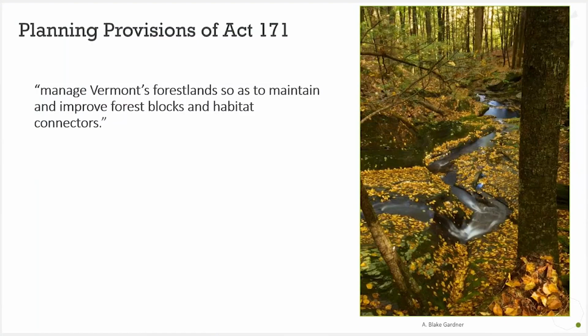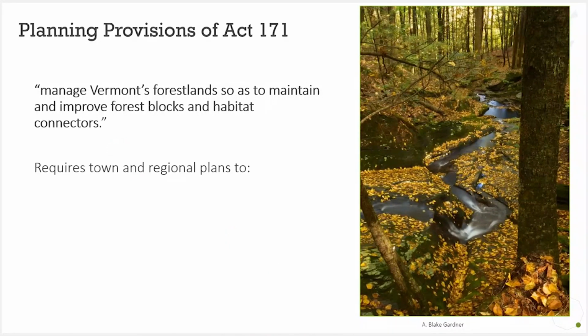So let's dig into some of the nuts and bolts of this Act 171. What is it? How did it come to be? And what do we need to do about it? Well, the first thing to know is that Act 171 amended the Vermont planning statute, and it added this provision in here to manage Vermont's forest lands so as to maintain and improve forest blocks and habitat connectors.